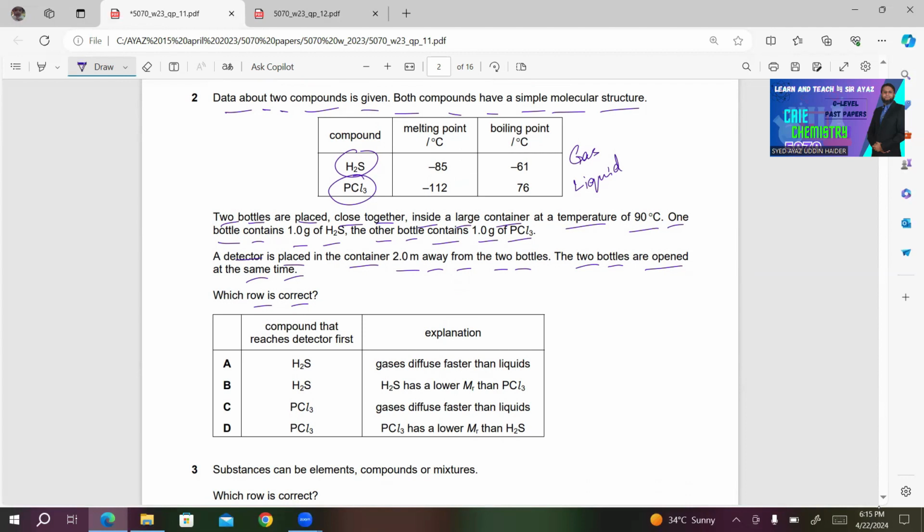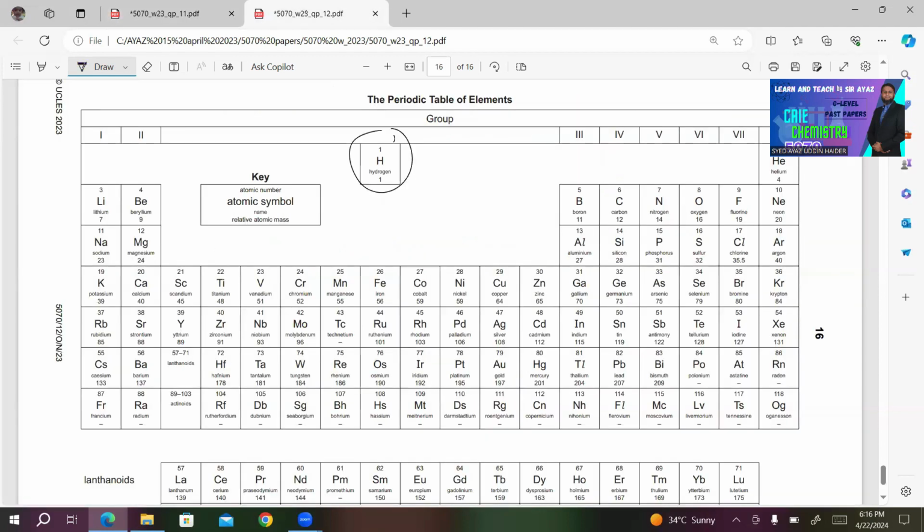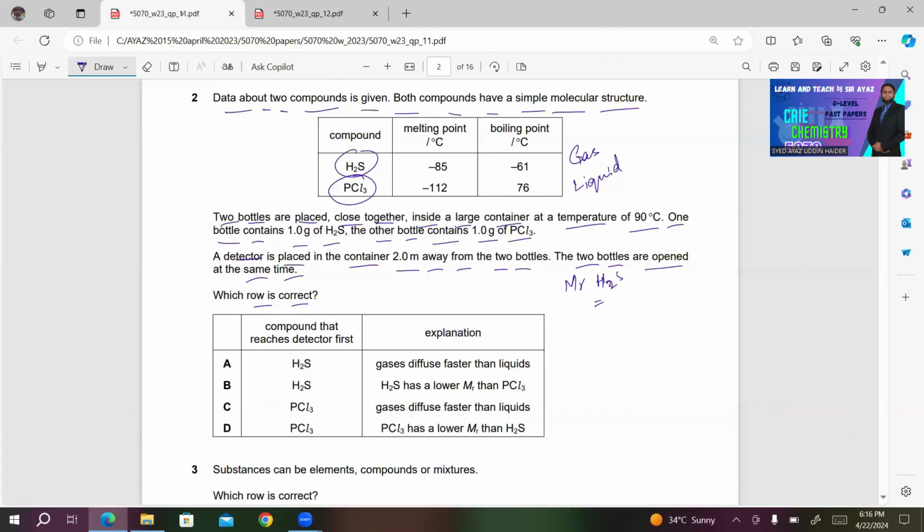For this, I need to work out the Mr of both of these. Mr of H2S. Here is hydrogen. 1 is the Ar of hydrogen. What about sulfur? Here is sulfur. Ar of sulfur is 32. So 2 multiplied by 1 plus 32 gives 34. Now Mr of PCl3.